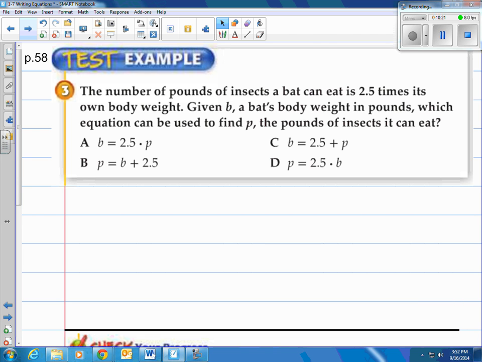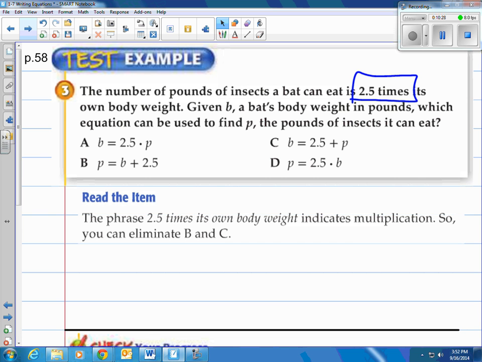When you see those words, times, think times. And literally, let's read the phrase. It says the phrase 2.5 times its own body weight indicates multiplication. So you can eliminate B and C. Take a look at B and C. B and C both have addition. That's not multiplication, is it?